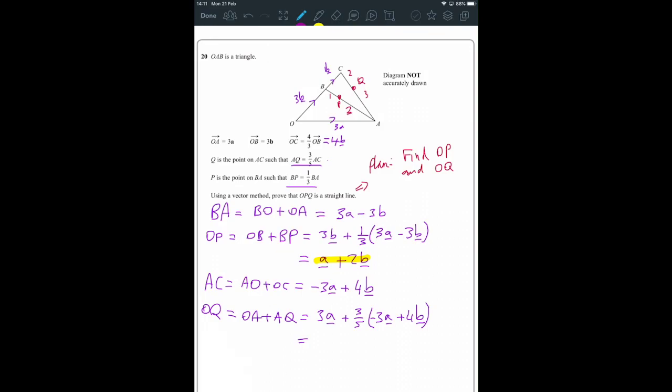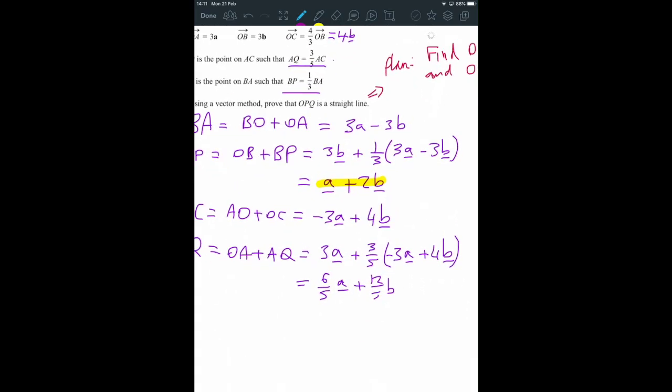Numbers this time aren't going to be quite so pleasant, so I'm going to trust my calculator for this one. The A's, I've got 3 of them, and I'm subtracting off 3/5 of 3 of them, which gives me 6/5 of A plus 3/5 of 4B, that's 12 over 5 B. And now for the magic.